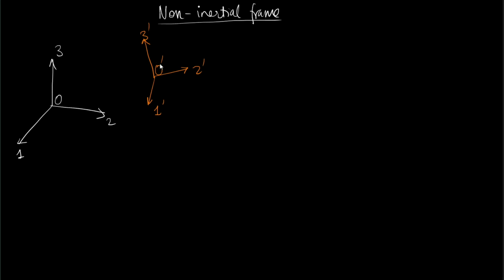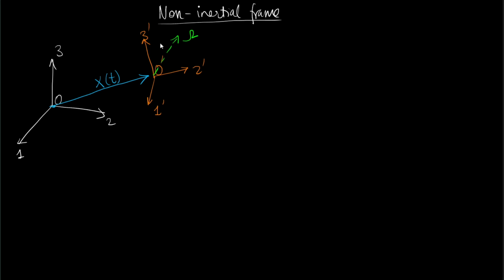So essentially we have a frame which is translating and possibly rotating. So let this be the rotation vector of the non-inertial frame, and let this be the position vector of the frame of reference with respect to the inertial frame.